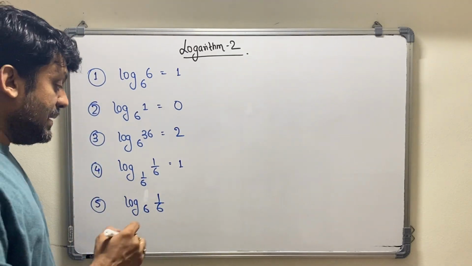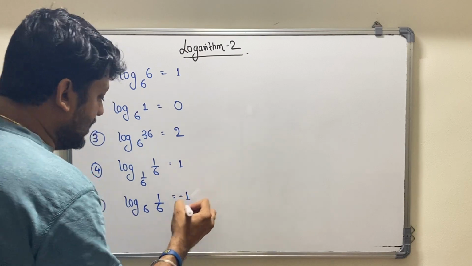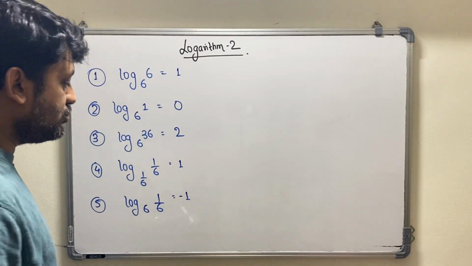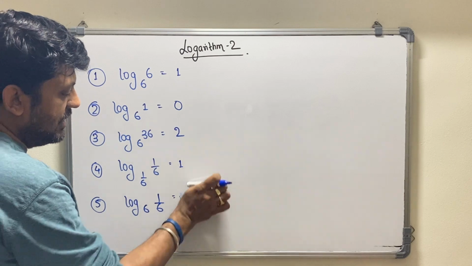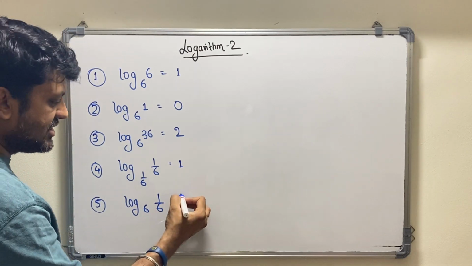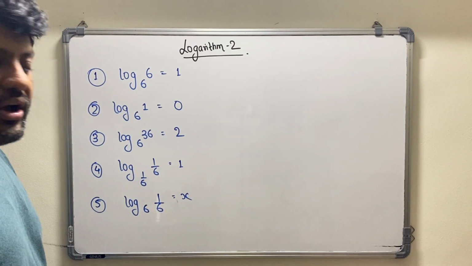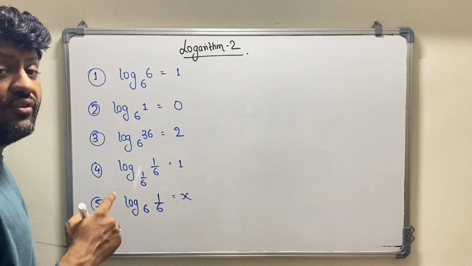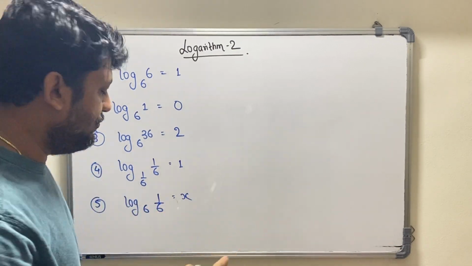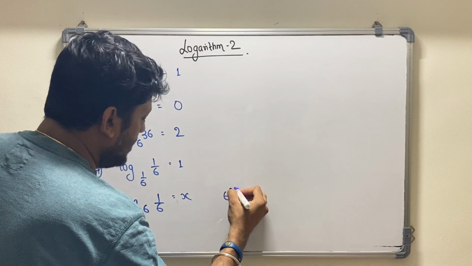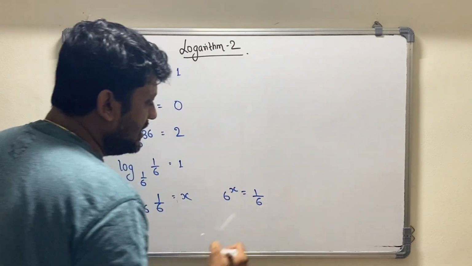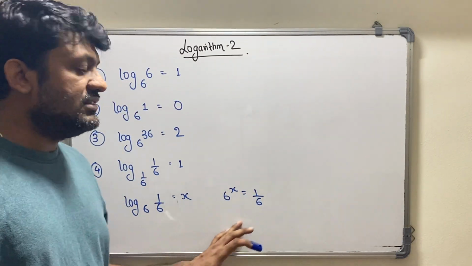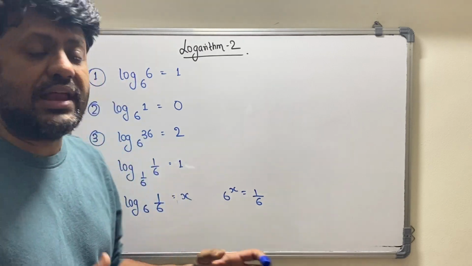Log 1 by 6 base 6 will be written as minus 1. Why? Try to convert to indices. If you think this is something you cannot do in the exam, just consider this as x. Now try to convert the logs into exponential form. So 6 to the power x is equal to 1 by 6. When you convert this to indices form, life will be easier and you can solve it.